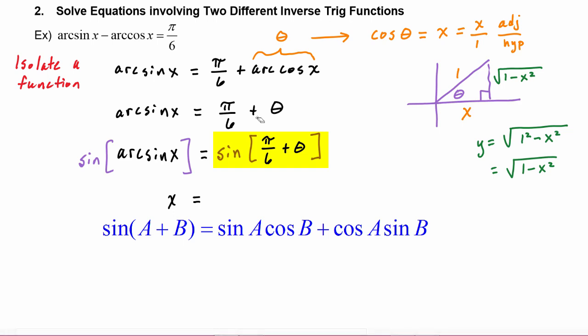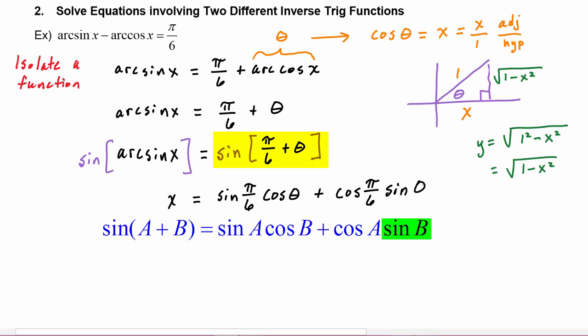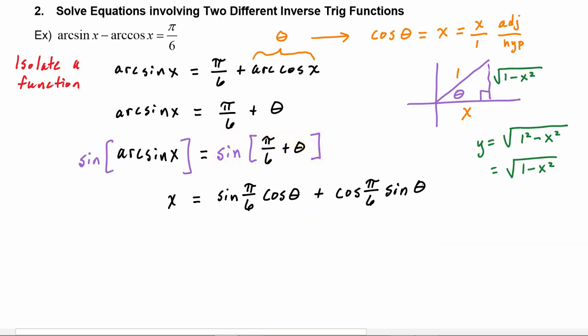So we know the sum identity tells us to take the sine of the first, so pi over 6, times the cosine of the second, theta, plus the cosine of the first, pi over 6, times the sine of the second, theta. Now let's simplify where we can.